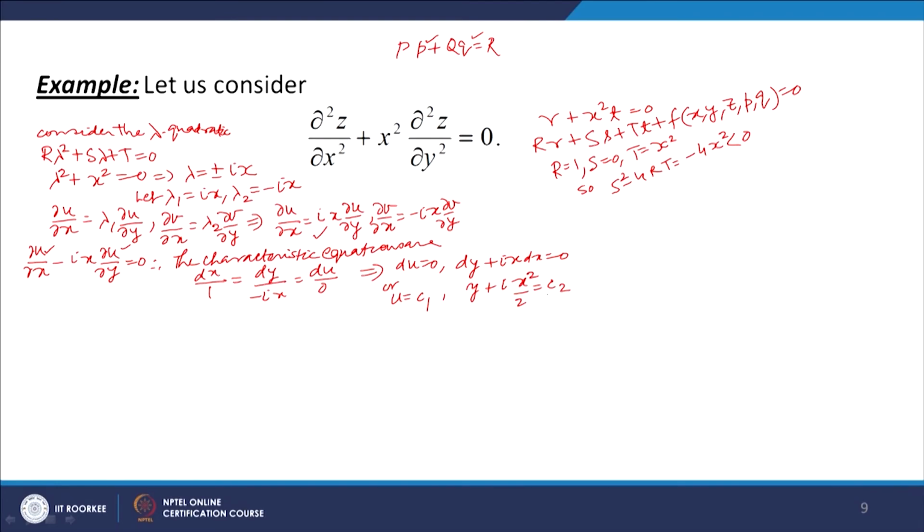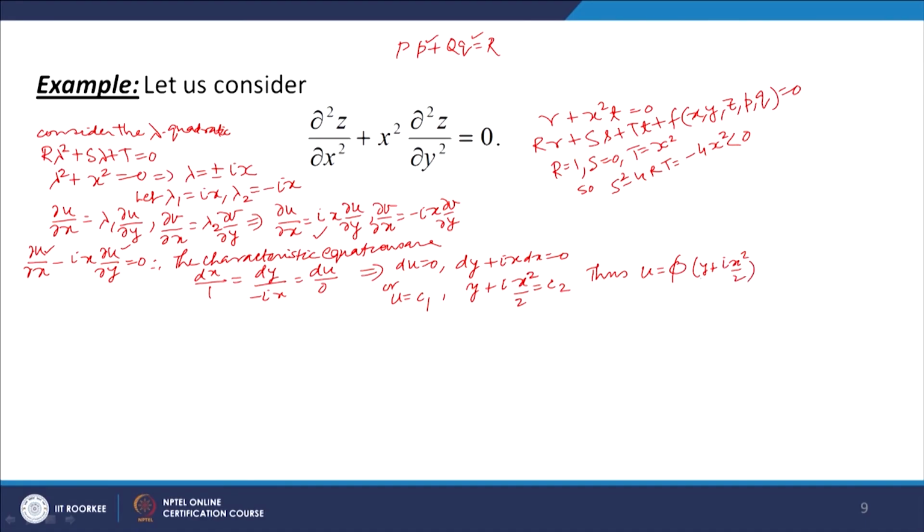Now, C2 is a function of C1, okay. So, we can write u equal to a function of y plus i x square by 2, okay.